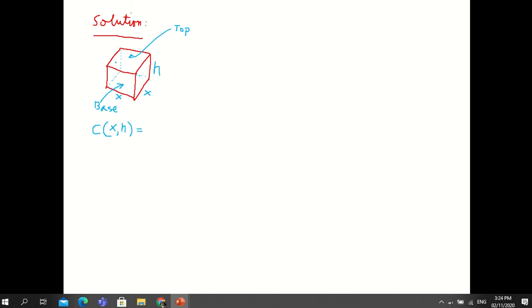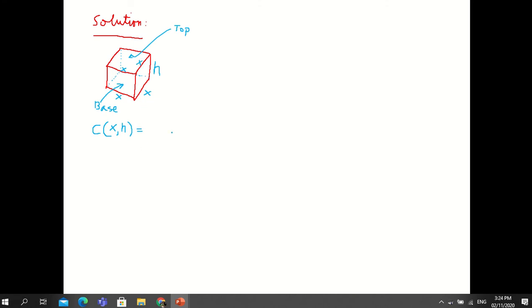Since the top, by the way, if this is x, since this is parallel to this one, this is also x, and since this is x also, and this side is also parallel to this one, this means this is also x.